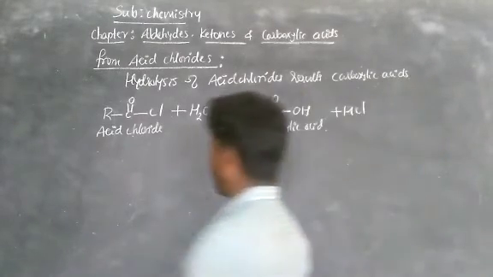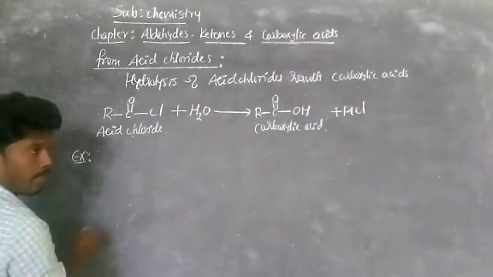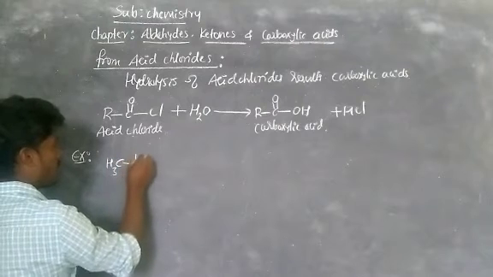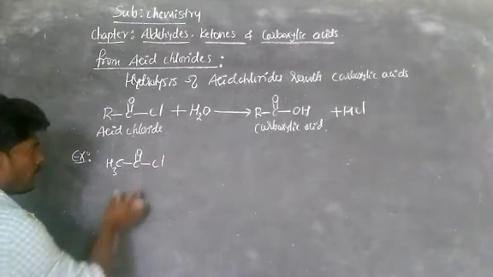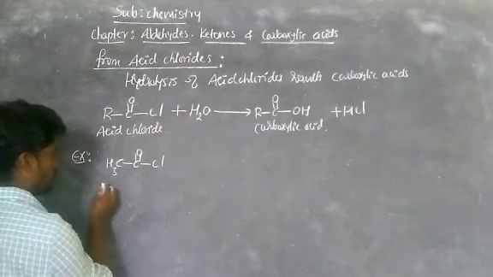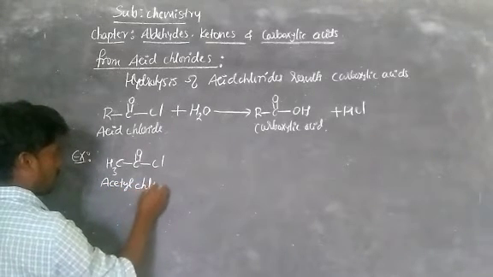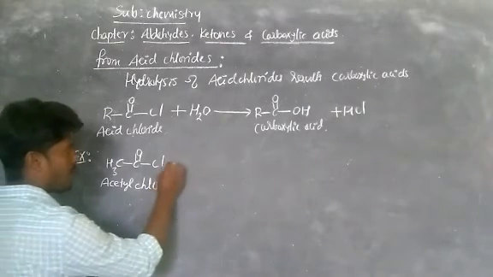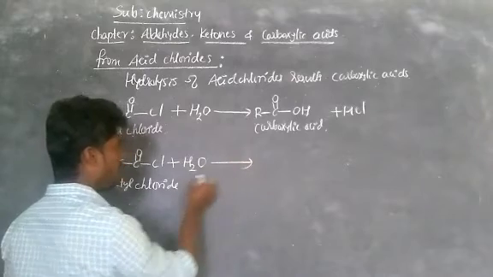Now take the example acetyl chloride. That is CH3 C double bond O Cl. What is the name? Acetyl chloride. This acetyl chloride on hydrolyzing with water, what do you get?